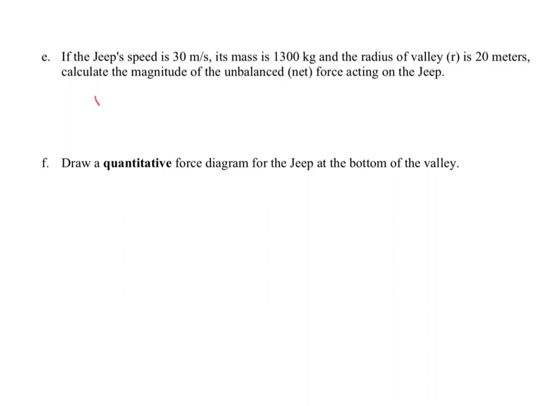I know the Jeep's speed is 30 meters per second. That's v, even though we've used that for velocity in the past. For speed, we use the same letter, v. It just doesn't have a direction. The mass is 1,300 kilograms. The radius of the valley, 20 meters.